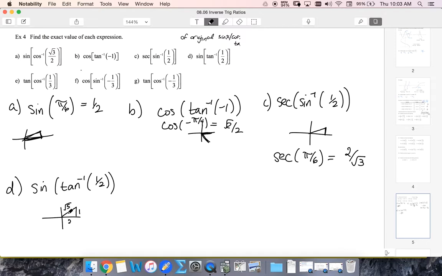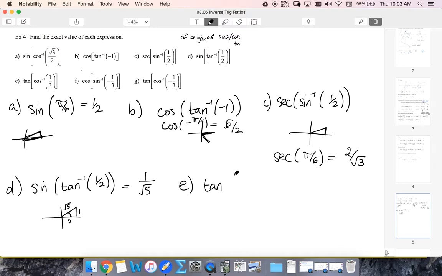So then whatever angle that is, I don't know the exact angle, but I know the sine value for this picture is going to be 1 over root 5. Yeah, this one's a tricky one to think about. This is really giving me this angle. I don't actually need to know what the angle is to find the sine value.